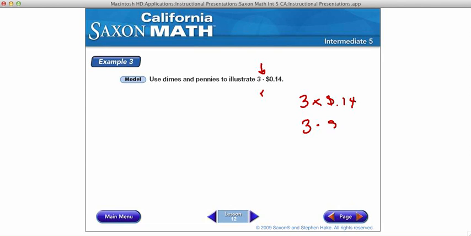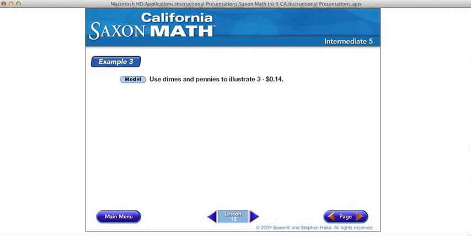The reason that we start putting dots is because this times symbol could look like an X, and 3x 14 cents wouldn't make a whole lot of sense. So we use this dot symbol instead. Now notice, it's not down on the bottom like a period, it's in the middle of the line.